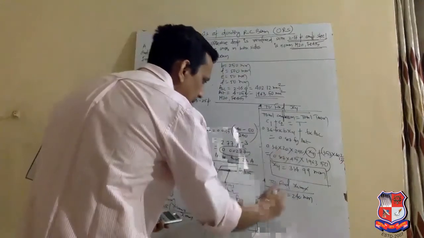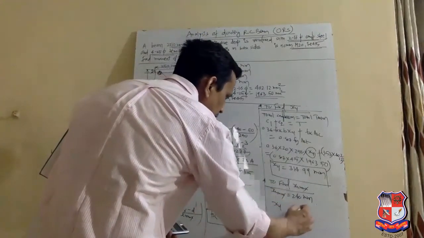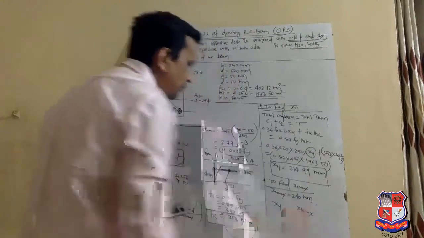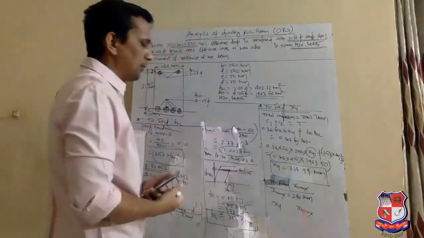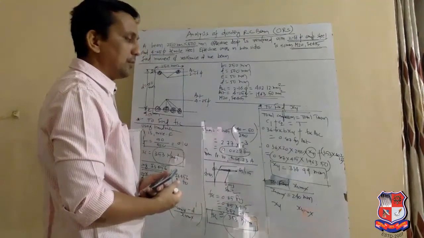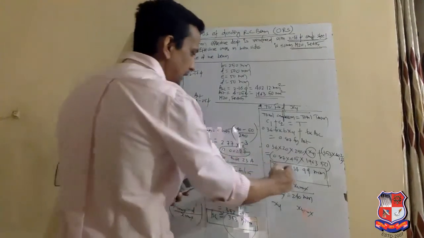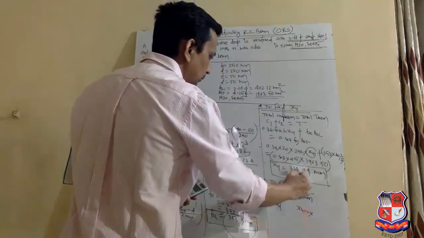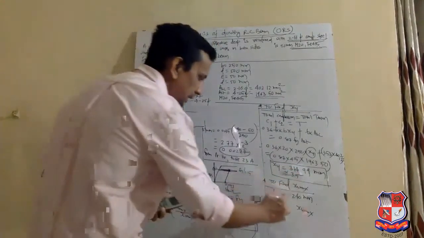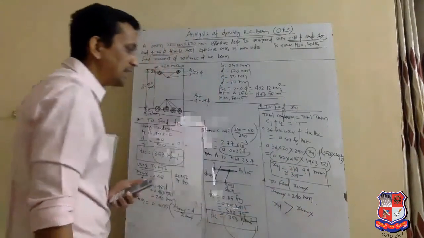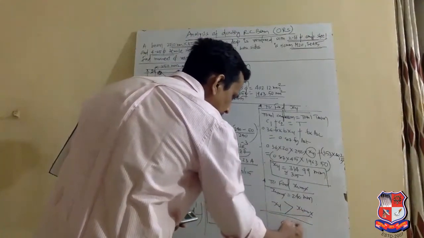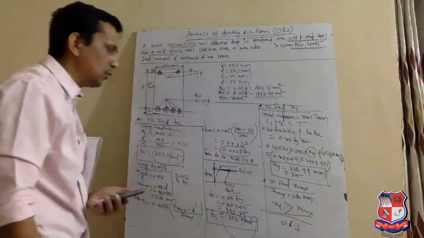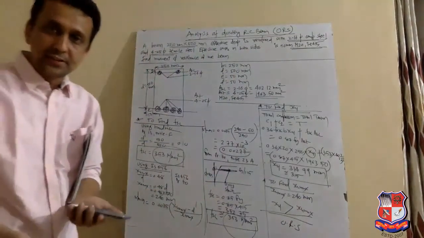Now compare the value of XU and XU max. Here we can see that XU is 314.99, it is almost 315, and XU max is 240. So here XU is greater than XU max. It means our section is ORS, over reinforced section.